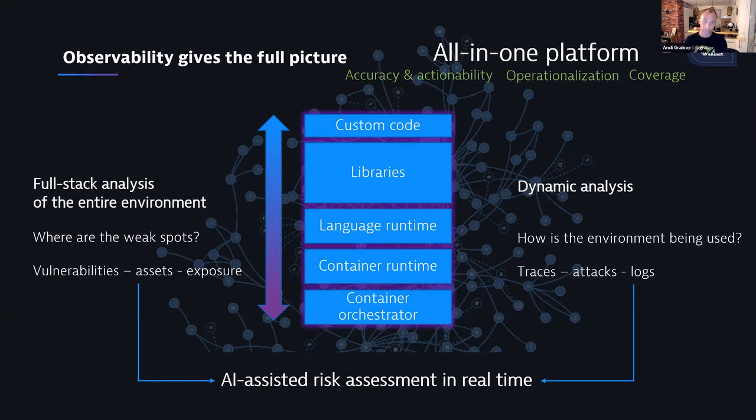And as you said, I know you'll show us in the demo how we combine the full stack information and the distributed tracing, and then being able to really see, is there a vulnerability that is more important than another vulnerability? And I think this is the key thing, right? Because otherwise you're drowning in alerts, and you want to make sure that you're not drowning in alerts, but you focus on the things that are most important. This is where observability comes in. That's kind of my reflection so far.